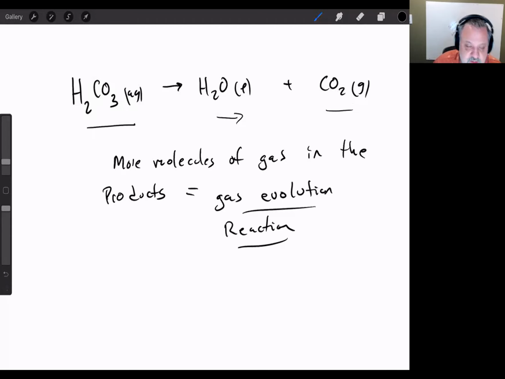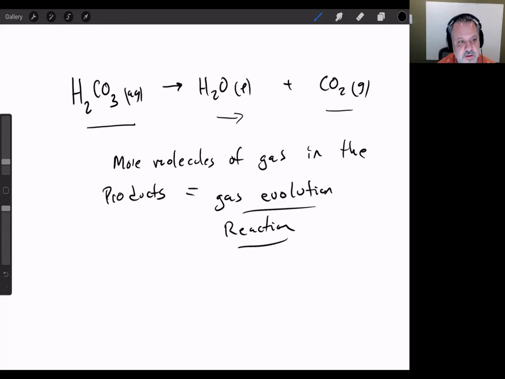So you don't necessarily need to be able to predict the products like you would in a combustion reaction or an acid-base reaction or a double displacement reaction, but you do have to be able to identify it. You have to be able to identify the type of reaction, based on the question, is there more molecules of gas in the products? If the answer is yes, then you can call it a gas evolution reaction.